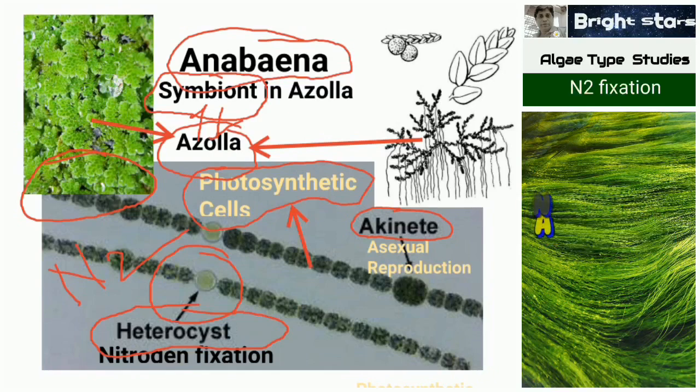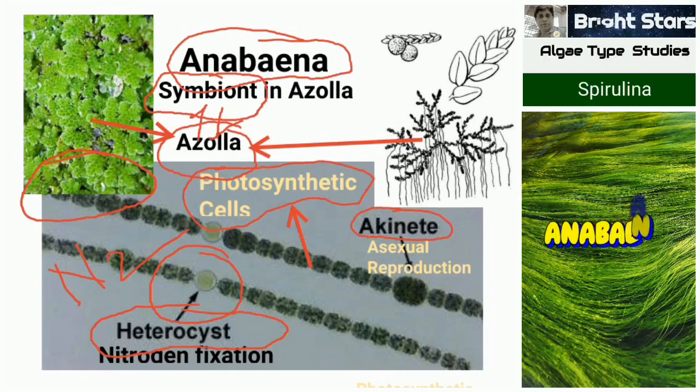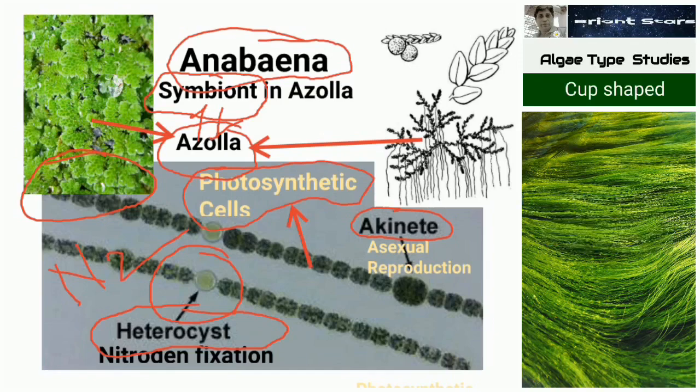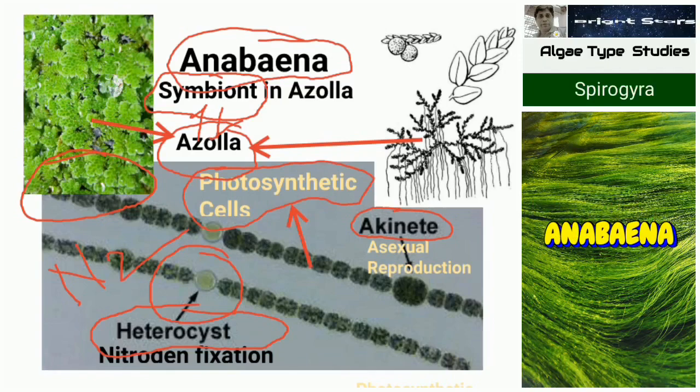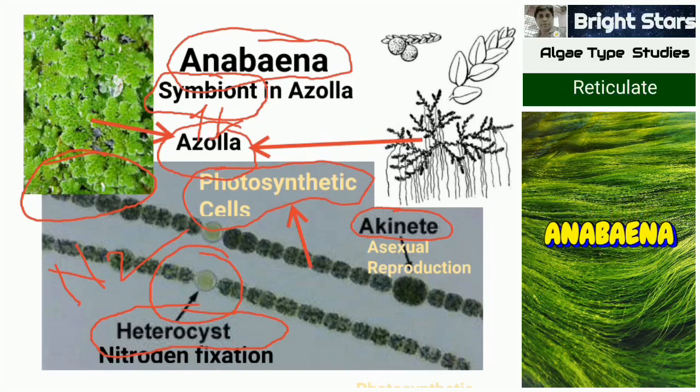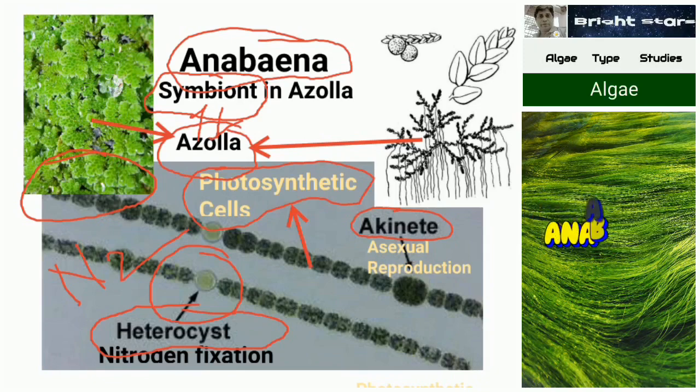Instead of urea and other nitrogenous fertilizers, farmers use this as a biofertilizer in paddy fields. So this is the importance of the Azolla and Anabaena combination. The name of the pteridophyte plant is Azolla. The name of the blue-green alga is Anabaena.